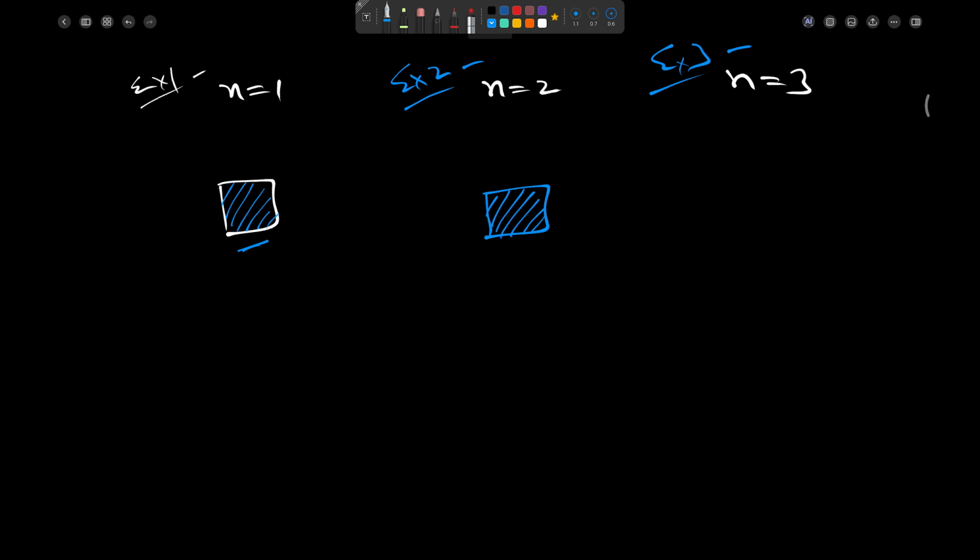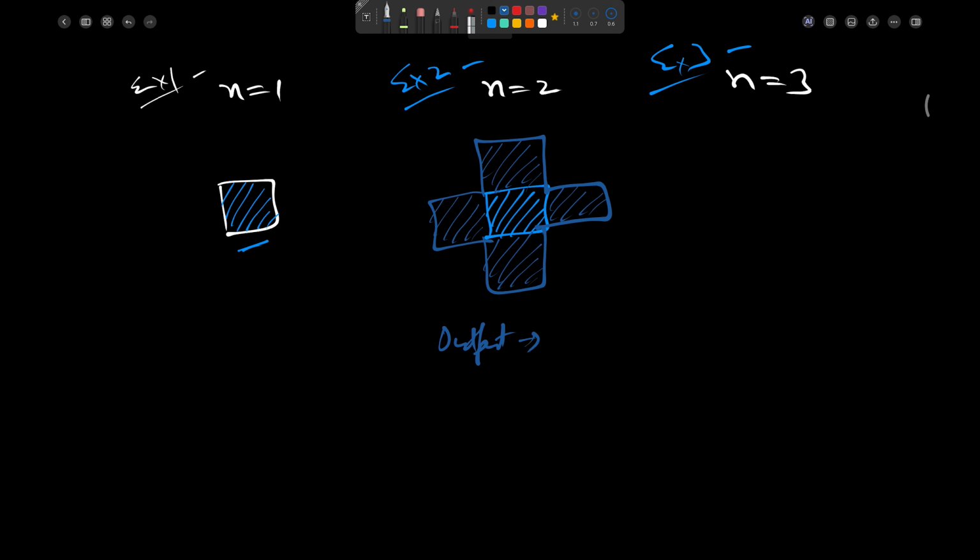Now we will fill the edges of the square again like this. Okay, we got our output here as 5, as 5 squares are filled. Here only 1 square was filled, so we will simply get an output of 1.